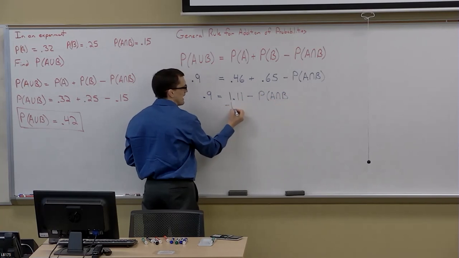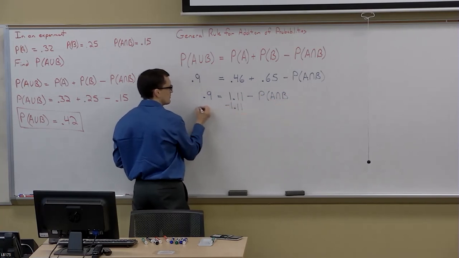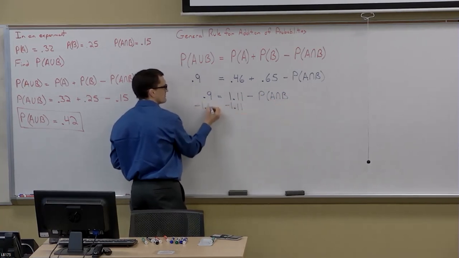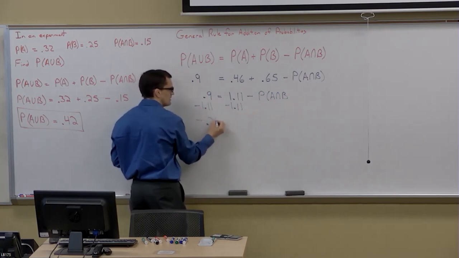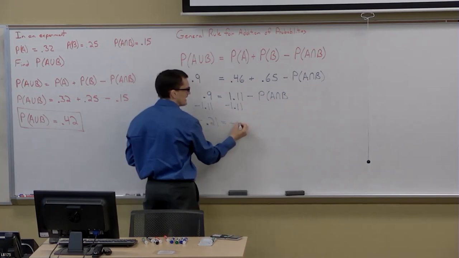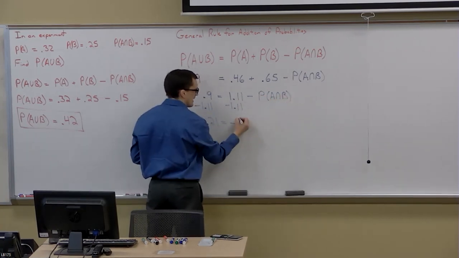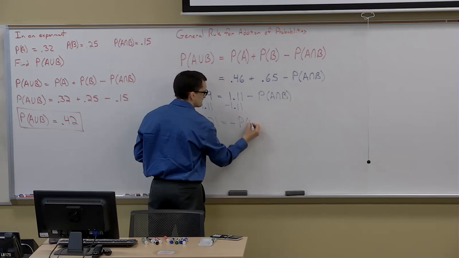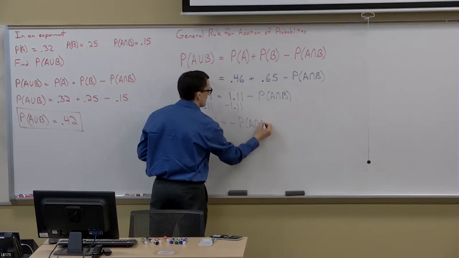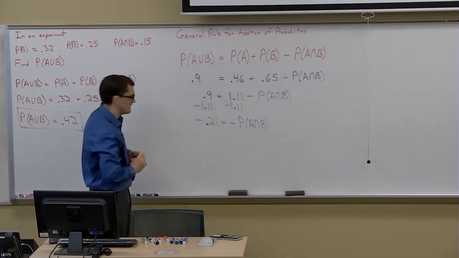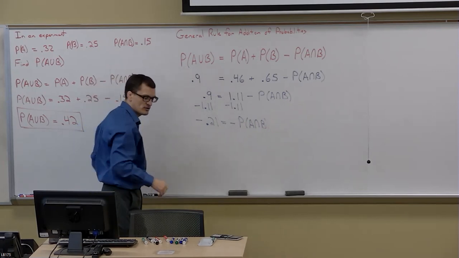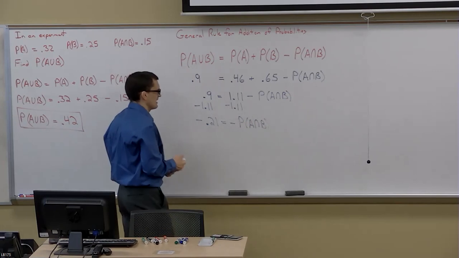Then we subtract 1.11 from both sides. You get negative 0.21 is equal to negative probability of A intersect B. Then because you have a negative coefficient, you divide both sides by -1.